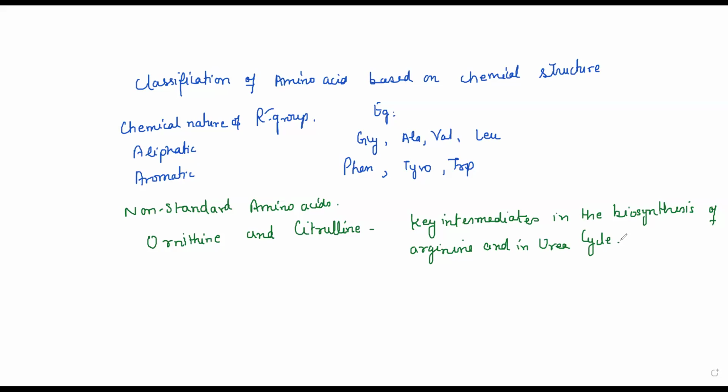In addition to the 20 standard amino acids, proteins may contain some uncommon amino acid residues formed by modification of the standard residues, like 4-hydroxyproline, which is a derivative of proline, and 5-hydroxylysine, which is a derivative of lysine. So these are certain uncommon amino acids.